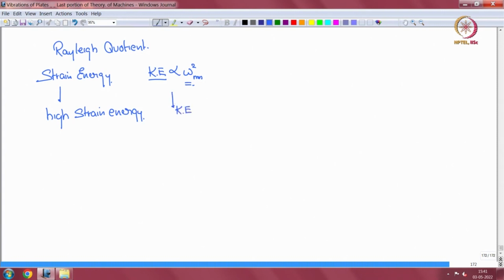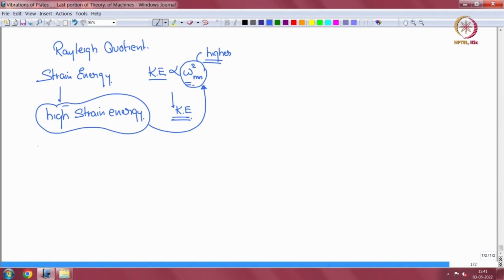That is how you get a balance. And therefore, this natural frequency number is higher wherever there is higher strain energy. So, you can get a feel for where the natural frequency can lie.